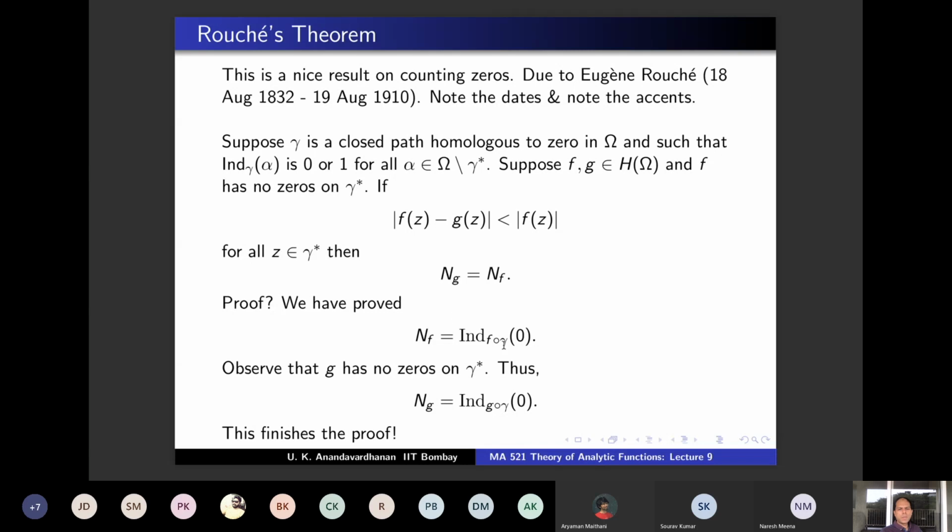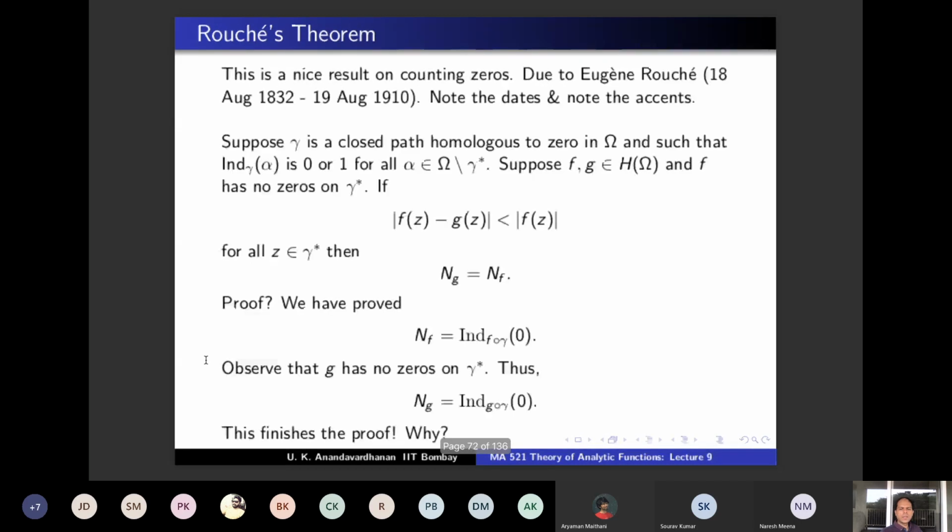So for f composed gamma minus g composed gamma, the modulus is strictly less than 0 minus f composed gamma for all s. So it's exactly that condition. Therefore, the index of f composed gamma at 0 is equal to the index of g composed gamma at 0, saying that ng equals nf. So that's the proof. Okay, so this is Rouché's theorem.